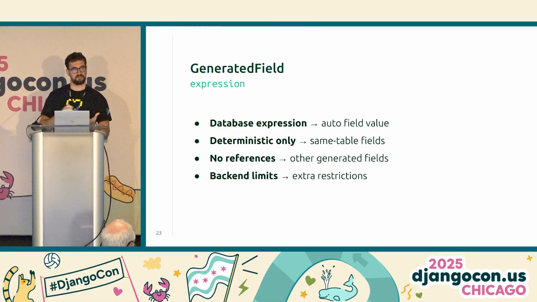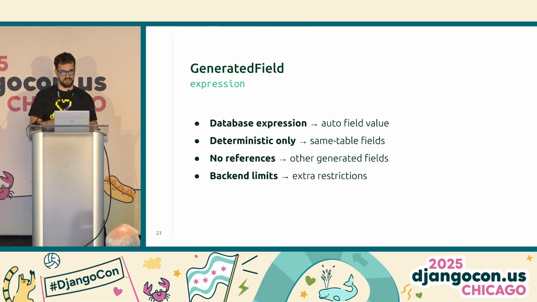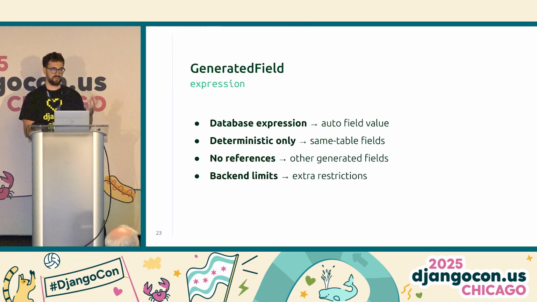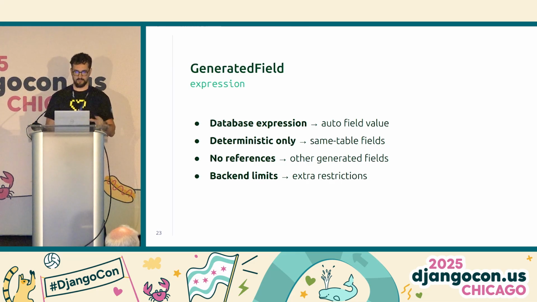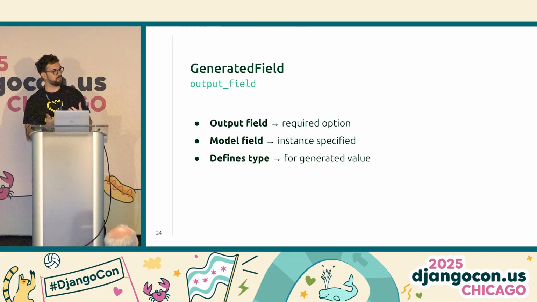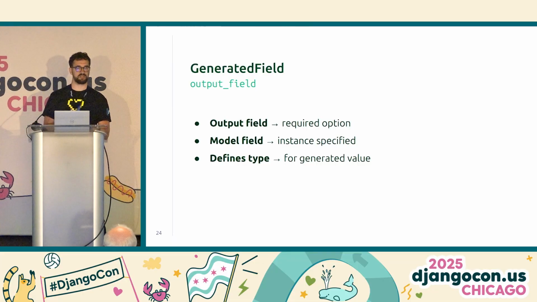You can't reference another generated field in a generated field, and there are some restrictions based on the database you choose. In fact, we're going to see SQLite and Postgres in this talk. You have to specify an output field, and it is more or less the type of the generated value you are going to create.